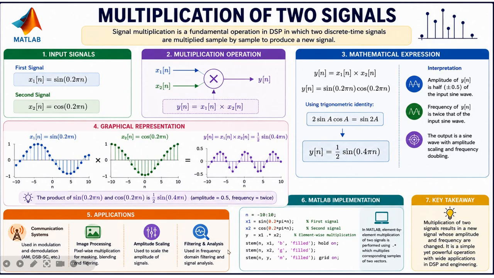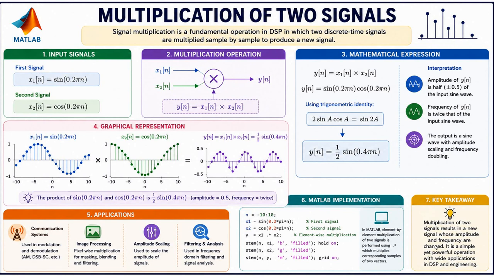So this is the MATLAB program where we will take x1 of n, x2 of n, we'll create the time index, then we'll multiply both, that is element-wise multiplication, then we'll plot it. So here multiplication of two signals results in a new signal whose amplitude and frequency are what?